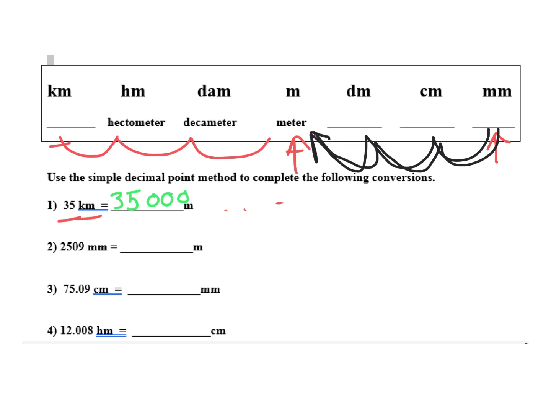So I'm going to take the decimal that's there, which is invisible, but it's at the end. And I'm going to move the decimal to the left. 1, 2, 3. So when I do that, I'm going to get 2.509 as my answer.